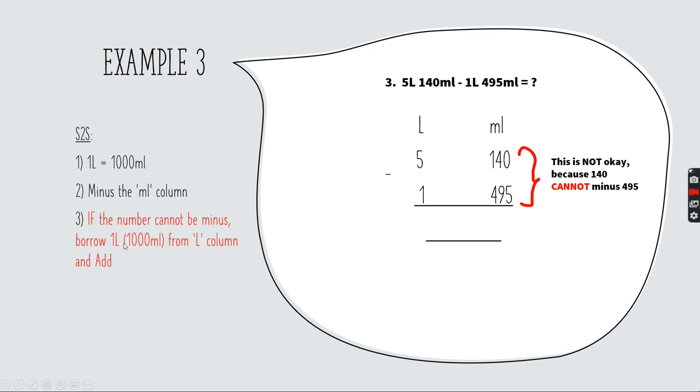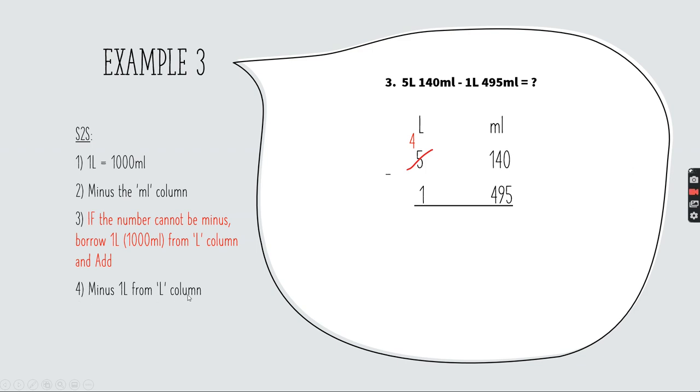If the number cannot be minus, borrow 1 liter, 1000 milliliters, from the L column, and add. So we're going to borrow 1 liter from here, so this becomes 4, because we're bringing 1 liter over here.